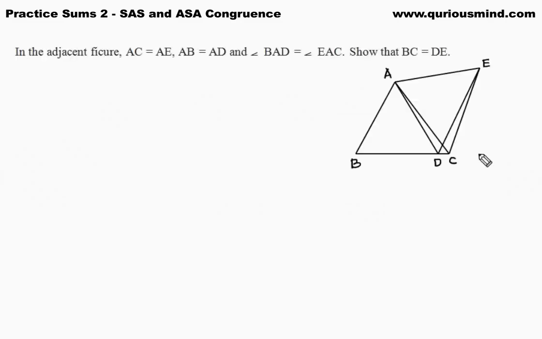In the adjacent figure, AC is equal to AE, AB is equal to AD, angle BAD is equal to angle EAC, and we have to show that BC is equal to DE.